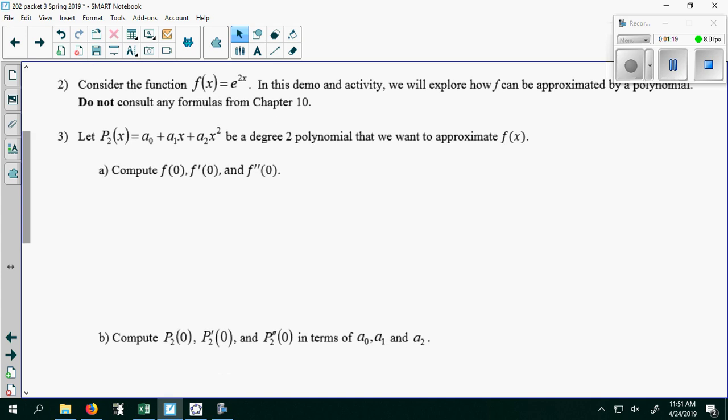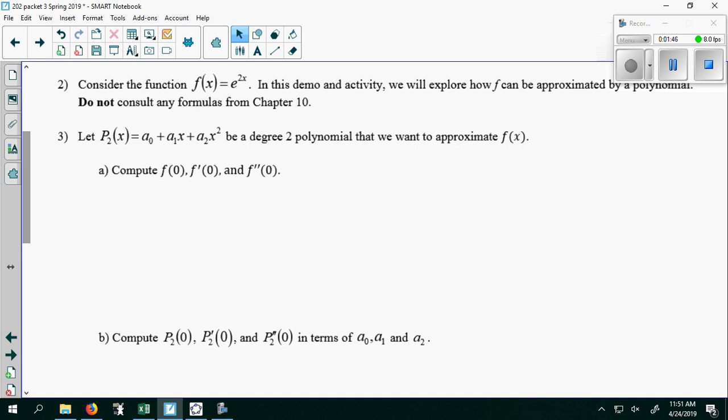Okay, so let's see if we can build one of these polynomials for a function f of x equals e to the 2x. We're not going to use any magic formulas from chapter 10. Those will come later in the activities of this lesson. So P2 is going to be a degree 2 polynomial that we want to approximate or impersonate f of x equals e to the 2x.